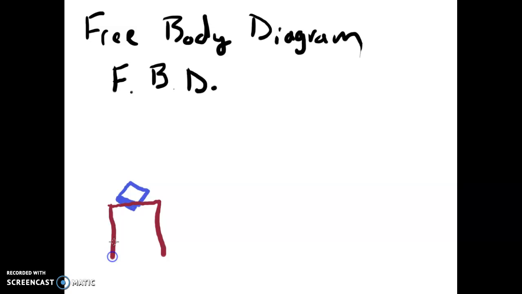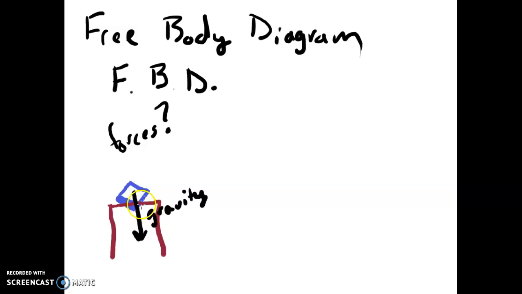And it's just kind of casually resting there on the table. Now, I might ask, what forces are on this book, right? What forces are on the book? Okay. Well, we know gravity, right? Gravity's pulling the book down. Okay.